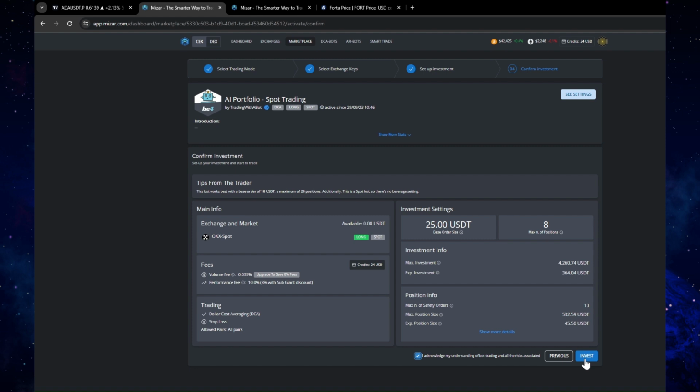Mizar takes, there are two types of fees in Mizar, and you can see them right here. There's the volume fee and there's the performance fee. So volume fee is something that Mizar takes for themselves. They don't take a subscription like on other platforms where you pay per month and so on. They take your so-called credits.